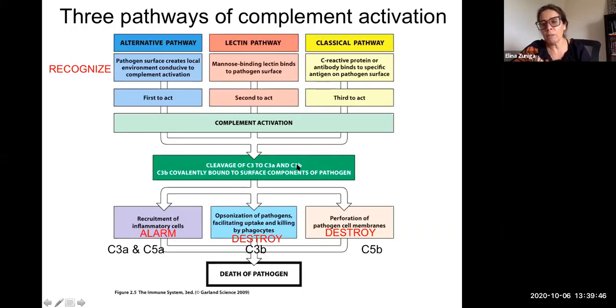Remember, C3b binds covalently to the surface of the pathogen, and that initiates the cleavage of C5 into C5a and C5b, okay? And then these products will have consequences that lead to recruitment of inflammatory cells, opsonization, and perforation of the pathogen cell membranes that will all lead to the elimination of the pathogen.